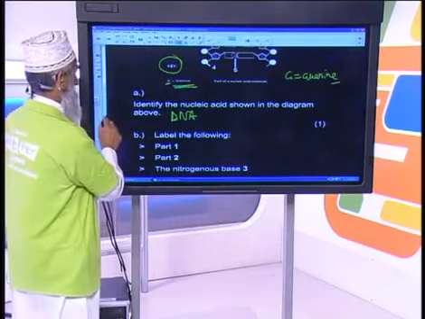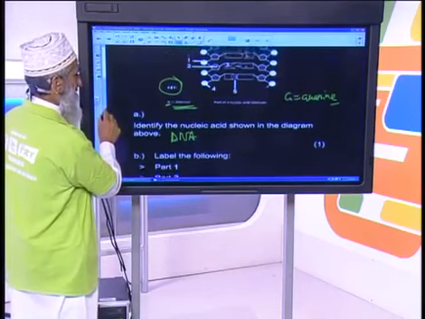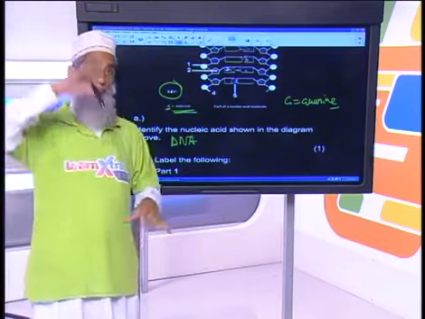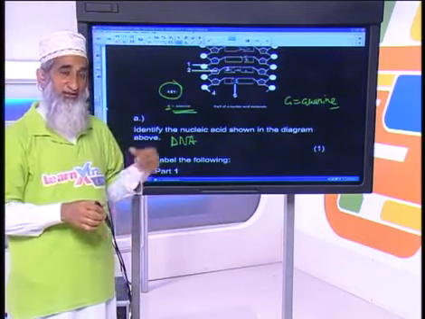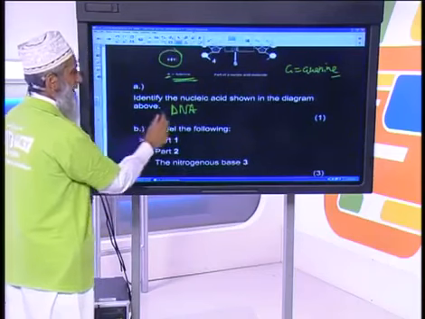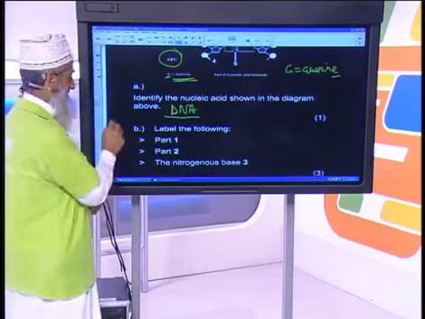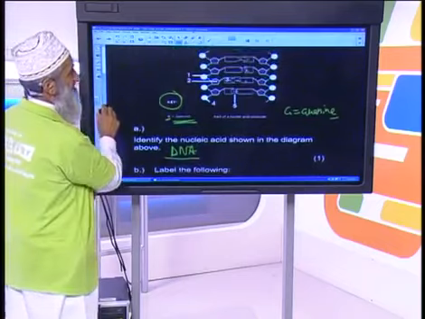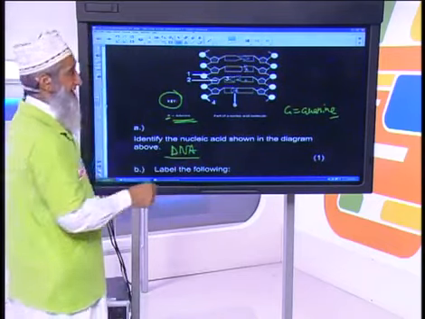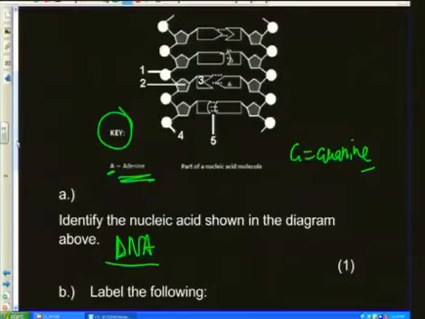Okay? Now, I can ask you another question before we even look at the next question here. After you've learned both molecules, another question may ask you, give a reason for your answer. In other words, why are you saying that this is DNA? In this particular diagram, there's only one proof at the moment, and that is that it has 2 strands.